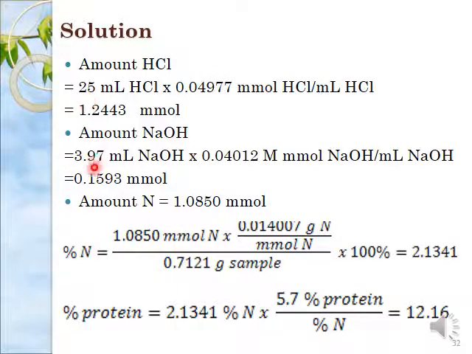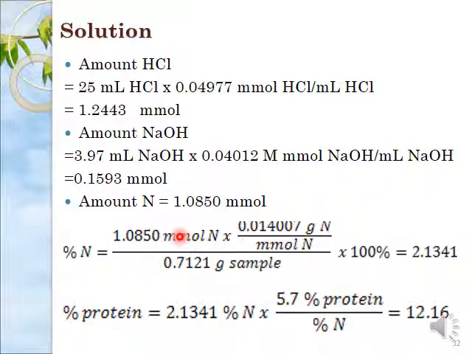So we need to find the difference between these two to find the excess unreacted hydrochloric acid. So the difference of the unreacted mole is these two here: 1.2433 minus 0.1593 millimole. So we get 1.085 millimole.